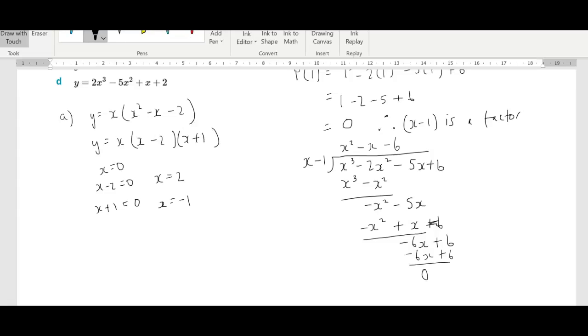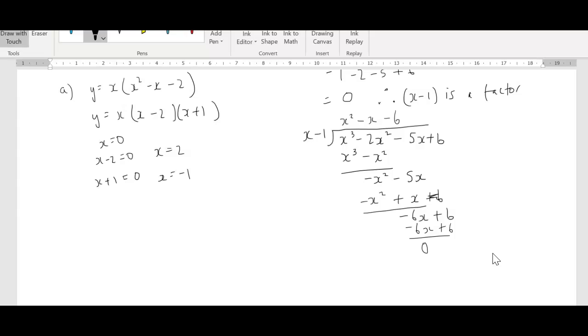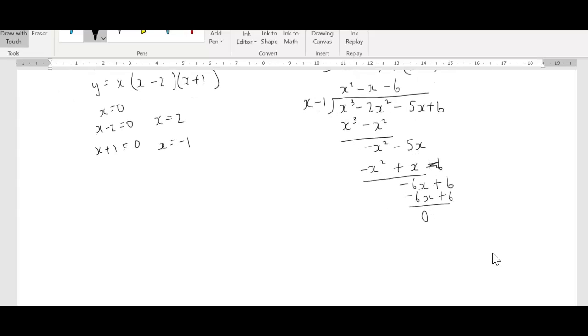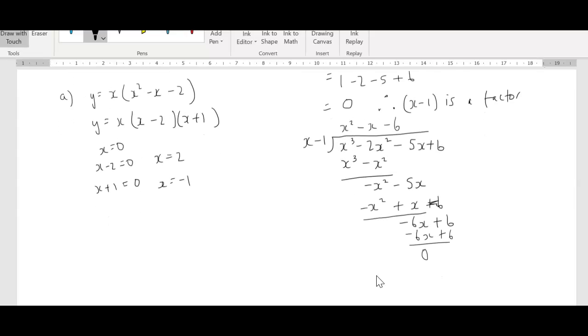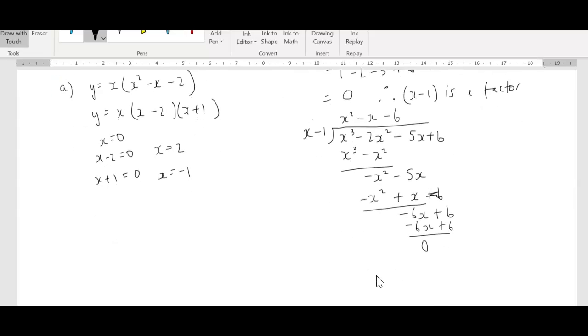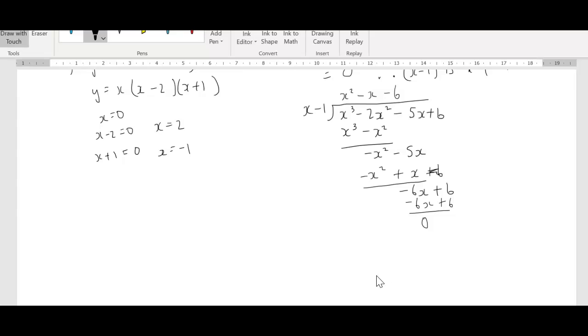All right, now let's just go back to our factorizing. So our polynomial, actually, what is it? F of x or y? I think it's y. So stick to what it's written as in the equation, in the question.